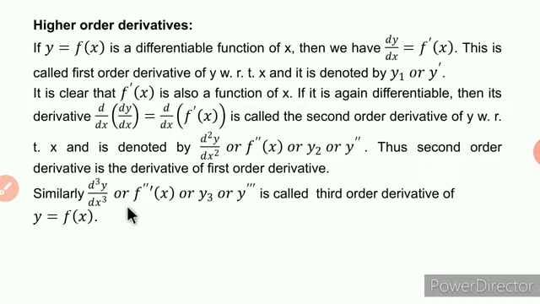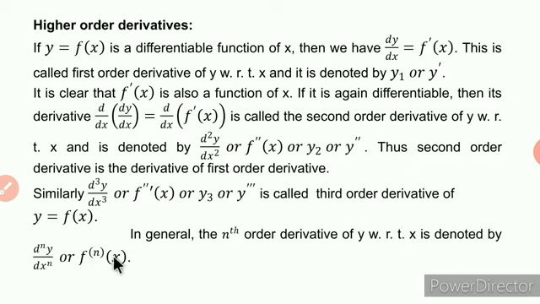If the process of differentiation is continued, that means if we differentiate this function y is equal to f of x n times, then we get the nth order derivative of y. So in general, the nth order derivative of y with respect to x is denoted by d n y by dx raised to n, or simply f n of x.